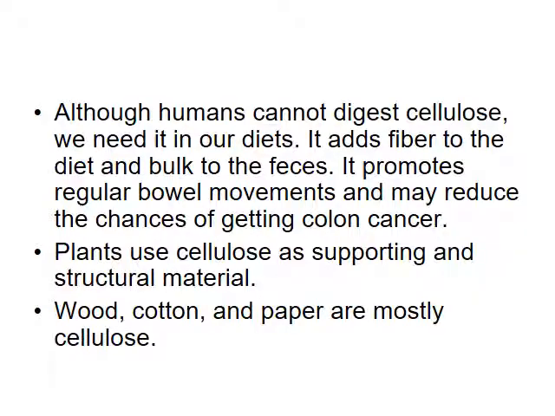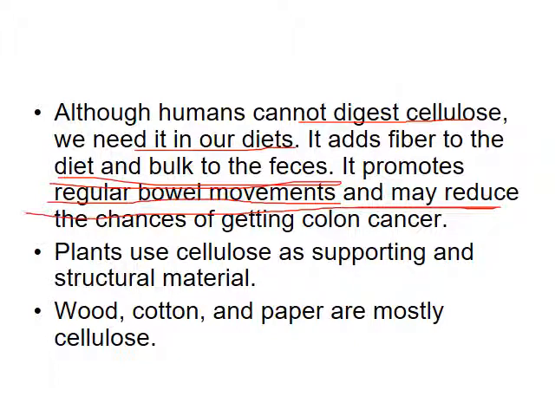But there is some use for cellulose. Even though we can't digest it, it's still good for our diet because it helps us move our bowels, and have good things for our pooping.